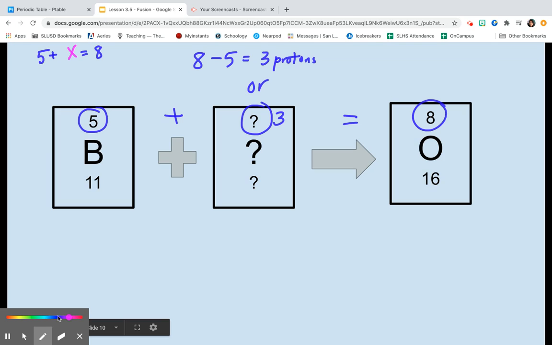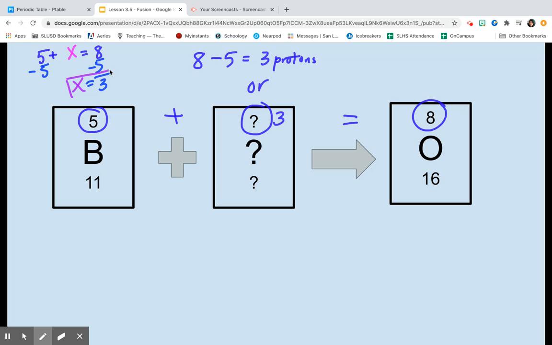If I want to solve for x, I want to get x by itself, so minus 5 on both sides. So I get 3. Therefore, x equals 3, right? This is the same thing as doing 8 minus 5. Or think of the arrow as an equal sign: 5 plus 3 will equal 8. So here, the element I don't know has 3 protons.